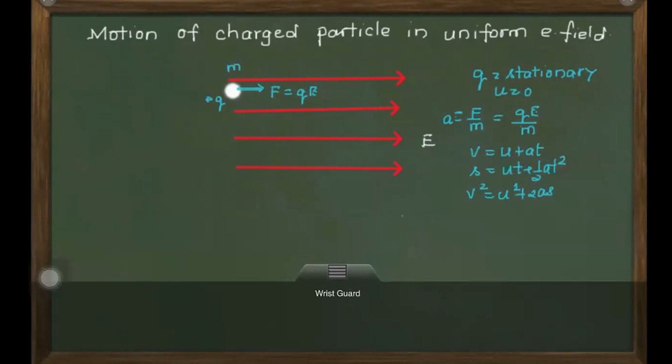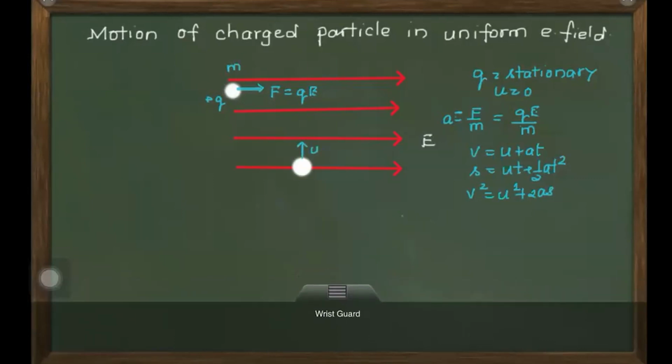Now the thing is different when we throw some particle perpendicular to the electric field. Suppose I'm sending one object here in this way, with the speed U. Now this will move in this way, and that is a parabolic path.